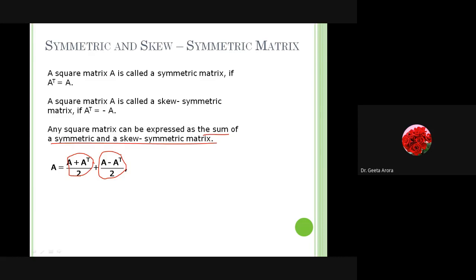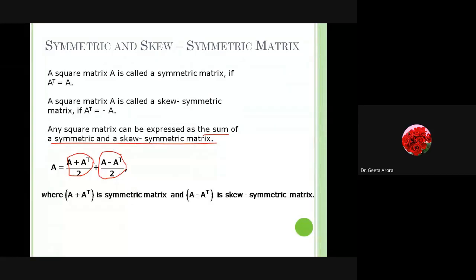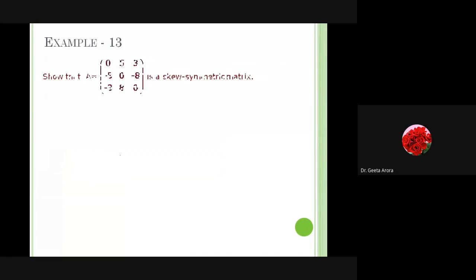It falls under the theorem that any square matrix can be represented as a sum of a symmetric and a skew symmetric matrix. So it is the same thing written over here.